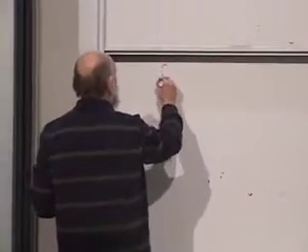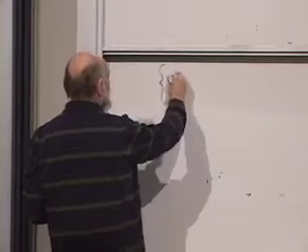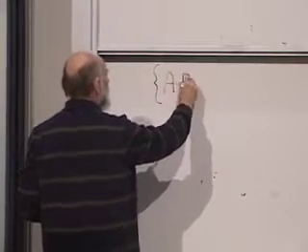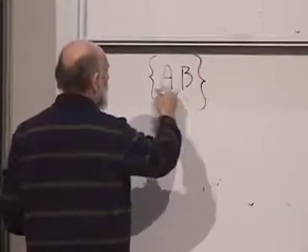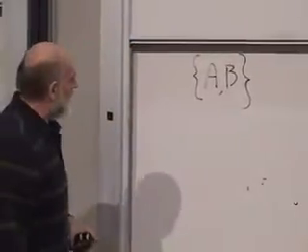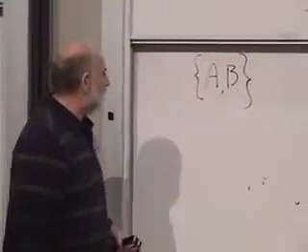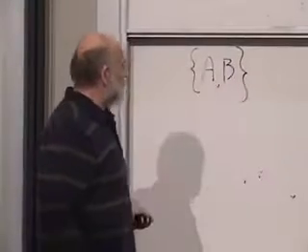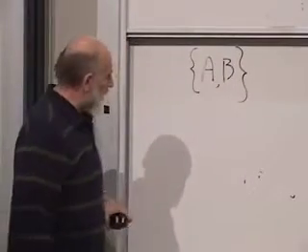Then, by definition, the Poisson bracket of A and B is represented by an A and a B with a comma in between, sandwiched between two squiggly brackets like that.